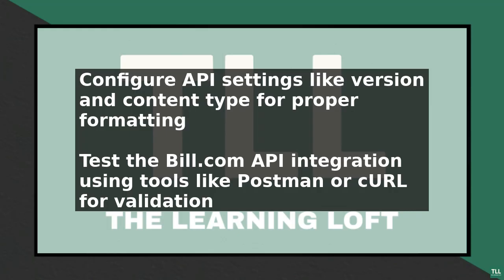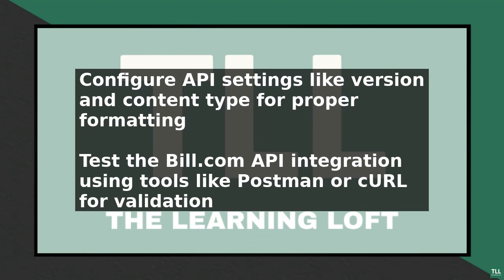Best practices for configuring Bill.com API integration include using secure authentication methods, such as OAuth, and validating user input to prevent errors. Additionally, you should handle errors and exceptions properly to ensure that your application can recover from any issues that may arise.